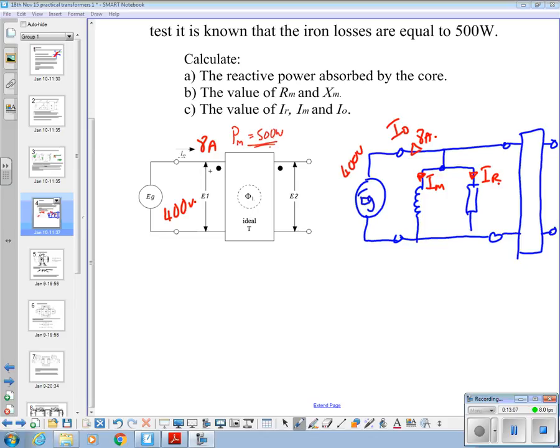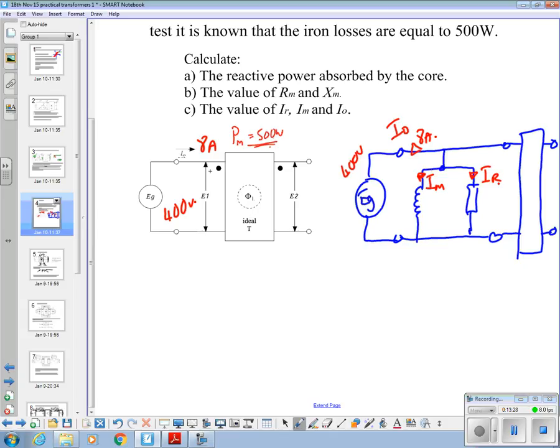At this point here, that 8 amps has got to split 2 ways, isn't it? Yeah? You could actually calculate that at this stage.